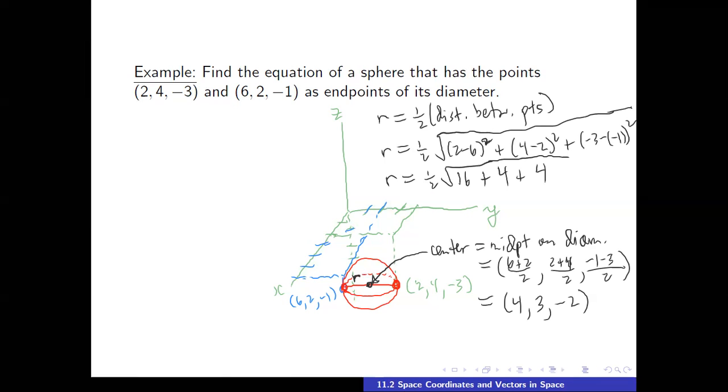All right. So I'm going to get 1/2 square root of 20, which, by the way, I guess I could simplify that a little bit, couldn't I? What's the square root of 20? Right, write it as the square root of 4 times 5. So that's going to be 2 square root of 5. Yes. So what does our radius end up being?